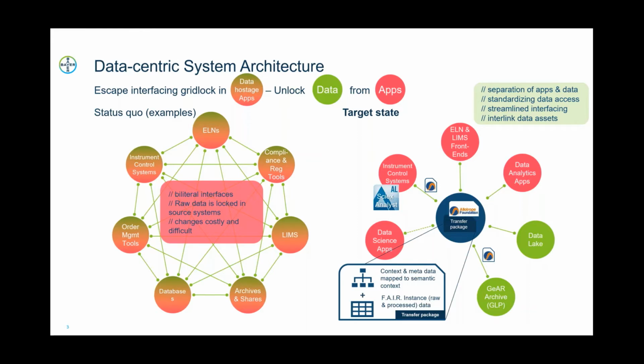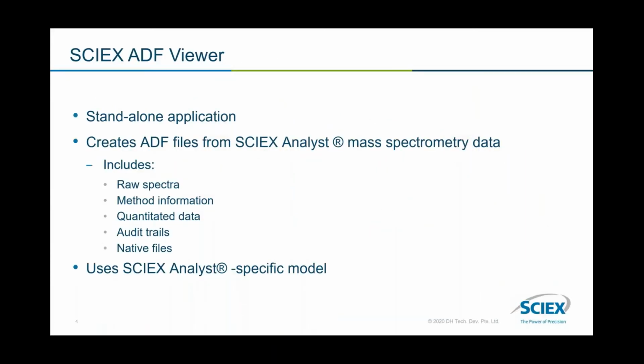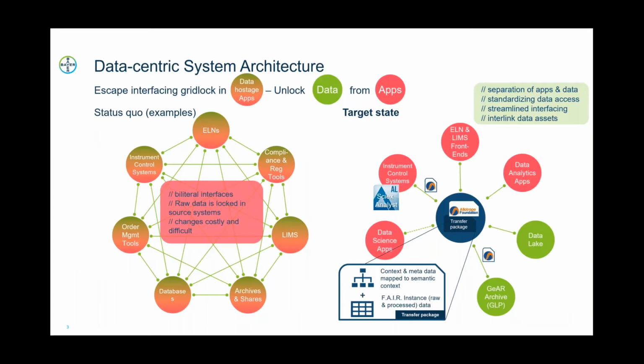We realized over the last years, as probably everyone does who digitalized labs, that you start connecting more and more systems and end up with bilateral interfaces between different kinds of systems, between ELNs, between LIMS, between instrument control systems, and many of these applications lock the data down. The access to data is not really separated from the apps.